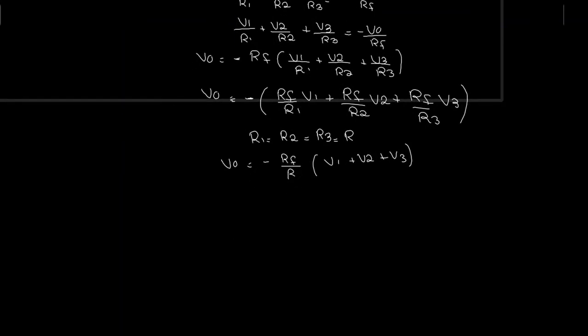Now suppose we have RF also equal to R. So you have R1 equal to R2 equal to R3 equal to R, and this R is also equal to RF. We are going to have V0 equal to minus (V1 plus V2 plus V3).